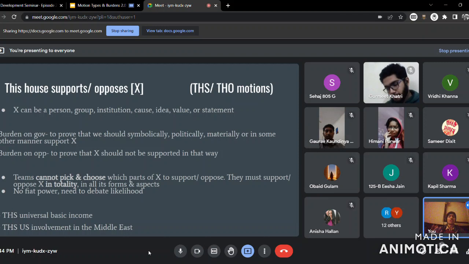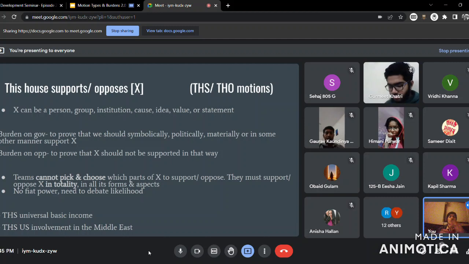True, true. So even in other kinds of motions in general, you can pick and choose, or you can try to show that arey ye version is the dominant version of something, and baaki jo galat version matlab gande versions tum bol rahe ho woh itna exist nahi karte. But wahi hai, you can do that. That's a strategy. But like Sahaj said pehle wale workshops mein bhi, the best strategy is to be charitable to the other teams.